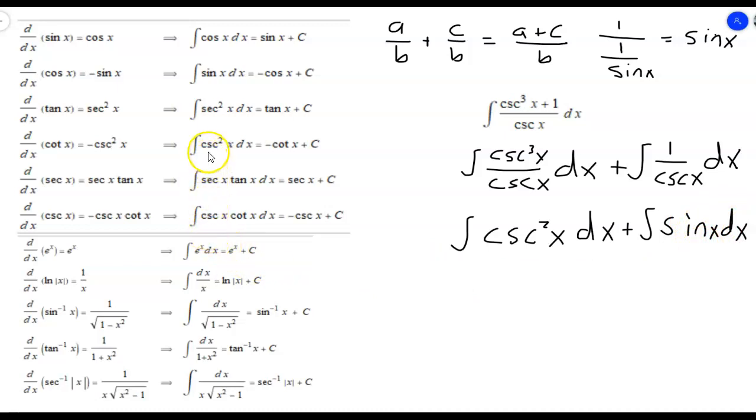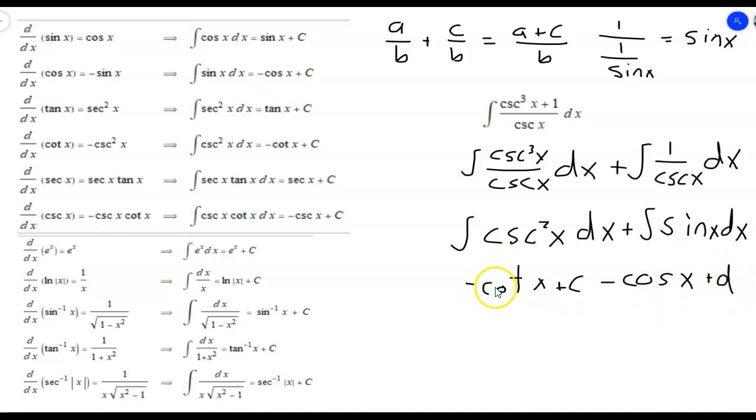Well, looking over here, the antiderivative of cosecant squared of x is negative cotangent of x plus c. And then the antiderivative of sine of x is negative cosine of x plus some other constant.